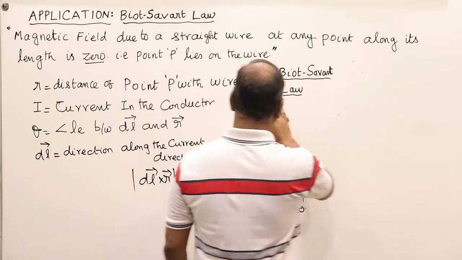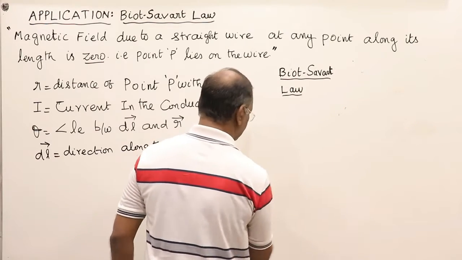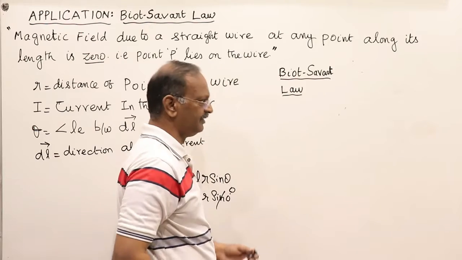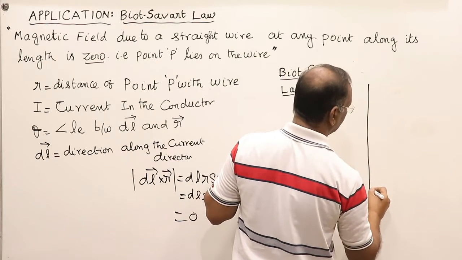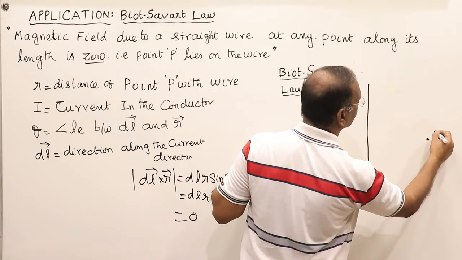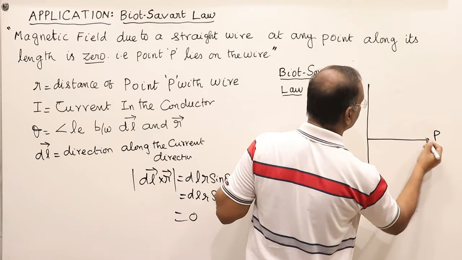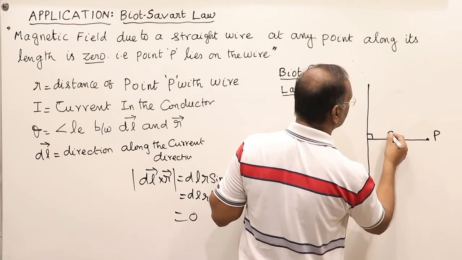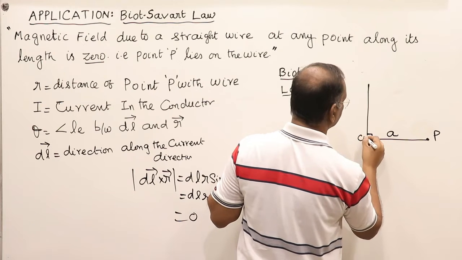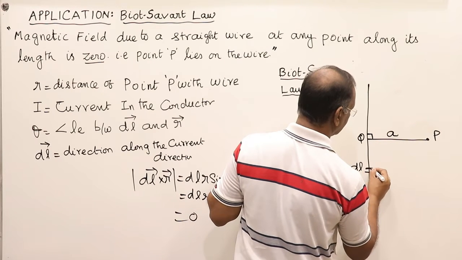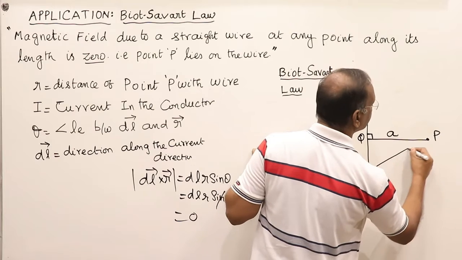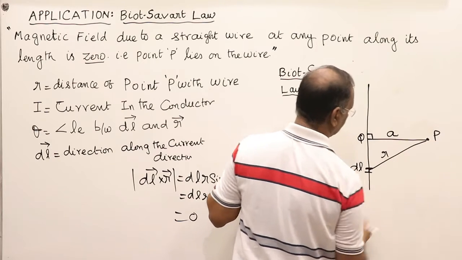Let us see how we prove it with that too. If we take a general point P, this is the perpendicular distance. We call it a, this is the point Q, and this portion is dl, and the distance is r.